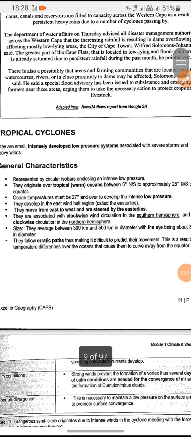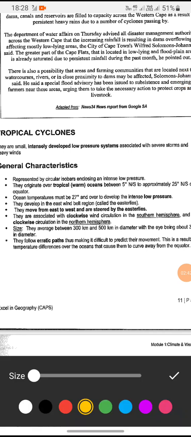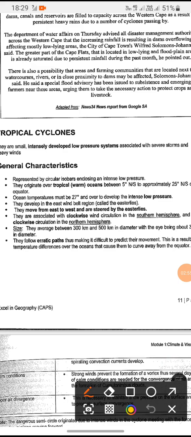Before we get into them, you must know what a tropical cyclone is. They may ask this question: what is a tropical cyclone? Especially in trials, in final preparation for the final exams.